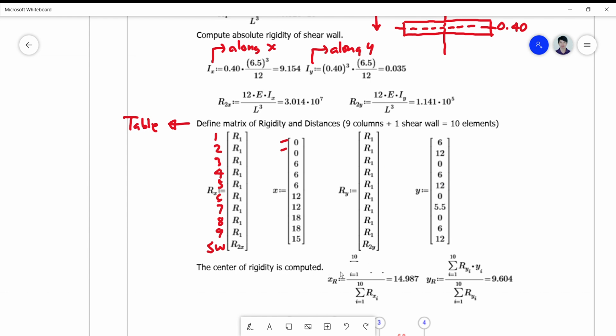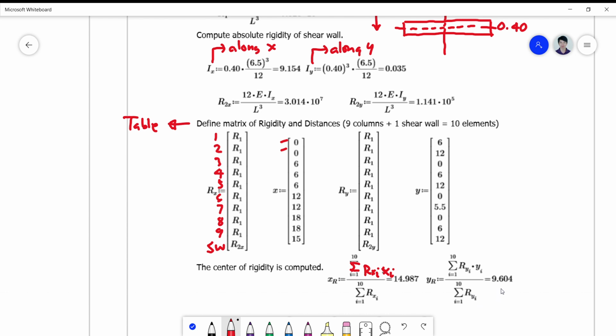So the center of rigidity is therefore computed on the basis of the formula. XR is summation from i equals 1 to 10 of your R yi's times xi's. Okay, so you simply divide this summation by your summation of R xi's, you get 14.987, and YR is equal to summation from i equals 1 to 10 of R xi times yi over summation of R xi's.